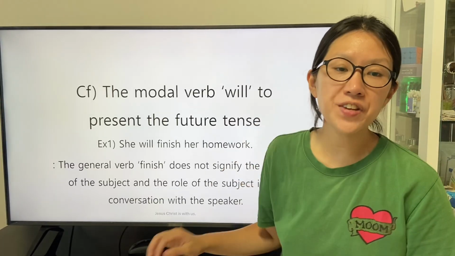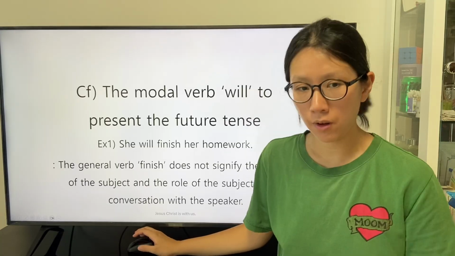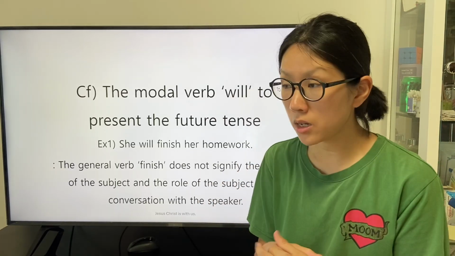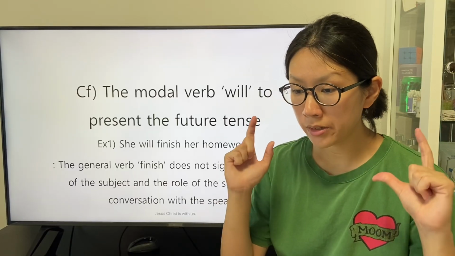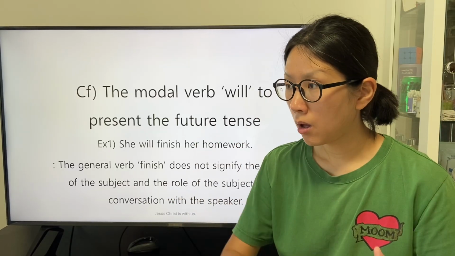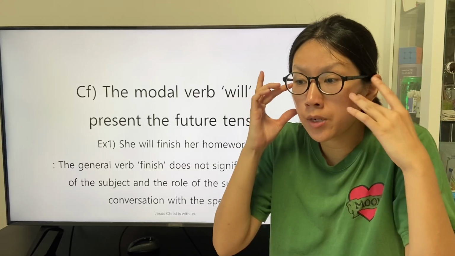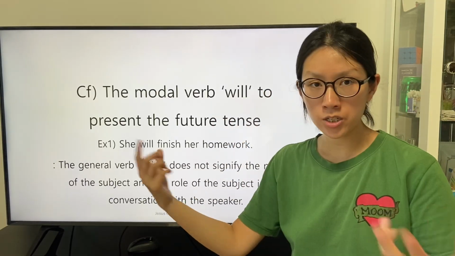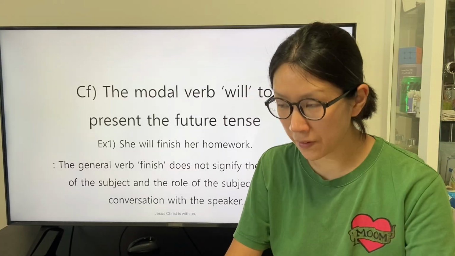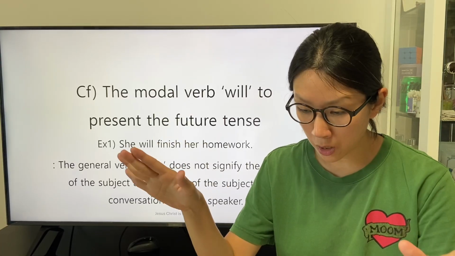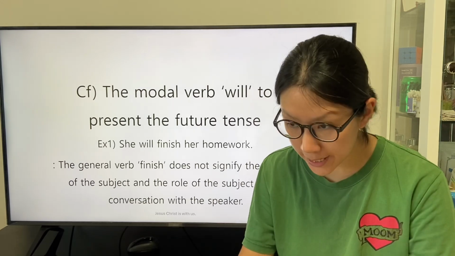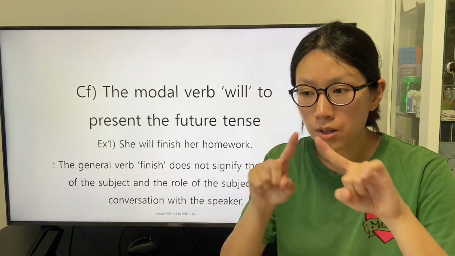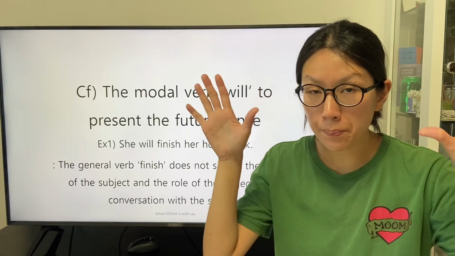The general verb finish does not signify the number of the subject and the role of the subject in the conversation with the speaker, because the listeners may consider that the clause conveys a less prioritized experience, condition, or action than the statement about the present.